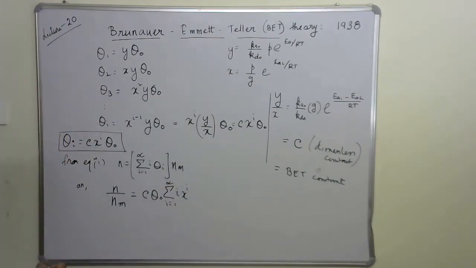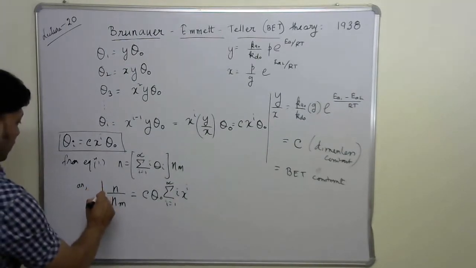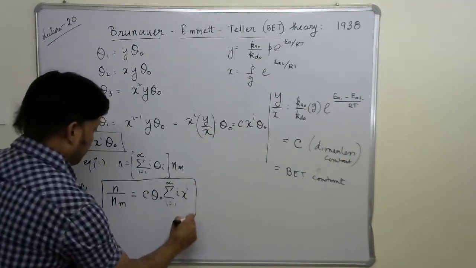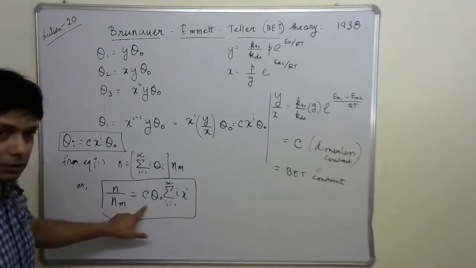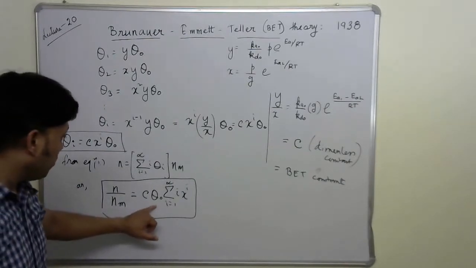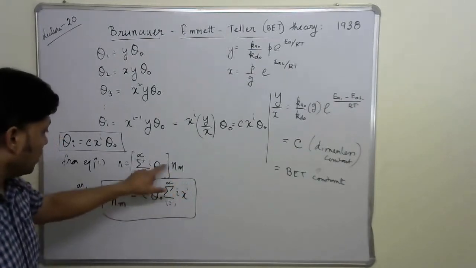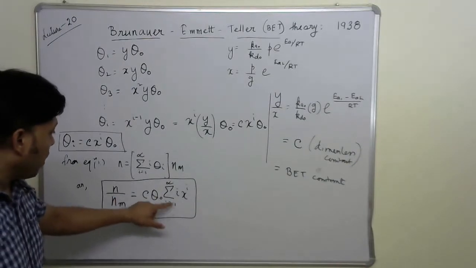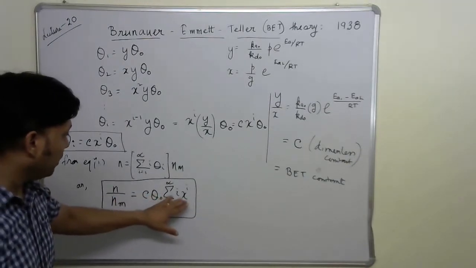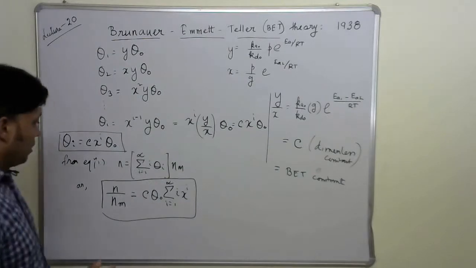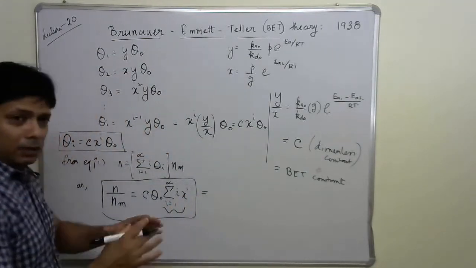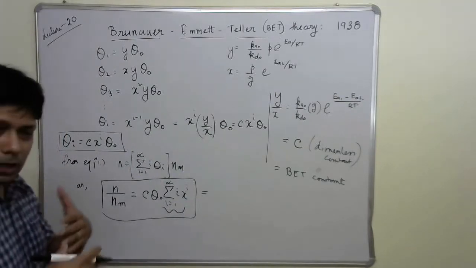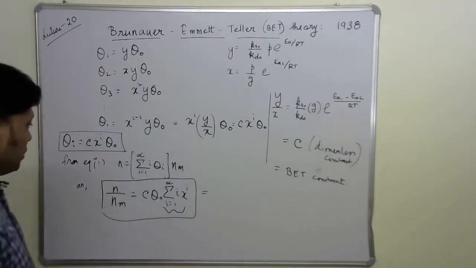Now we have a much simpler expression: n over nm is equal to C, a constant, multiplied by theta 0, multiplied by the summation of I x to the power I. Mathematically, this term converges into some expression.